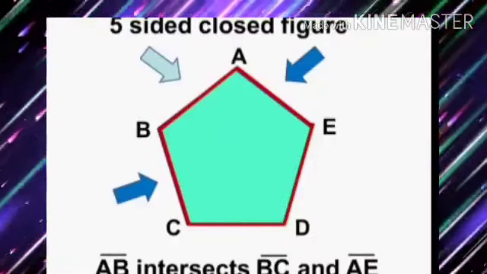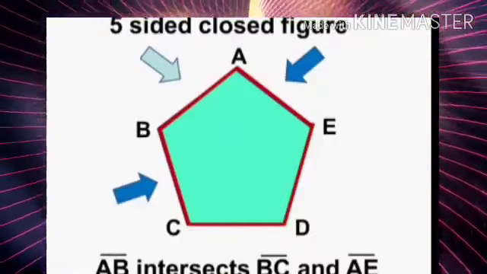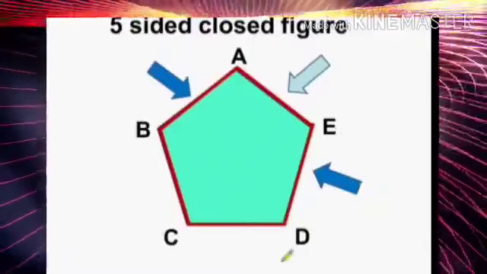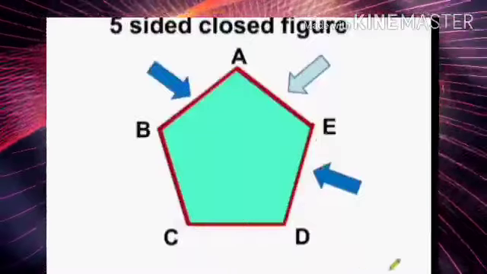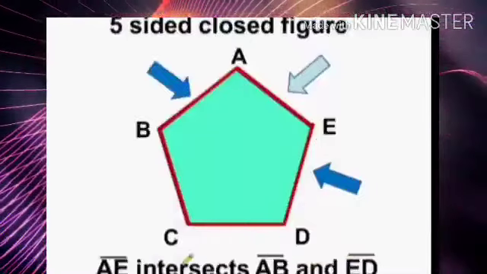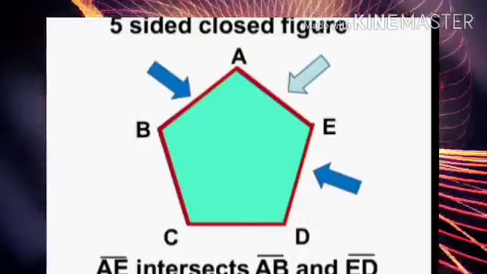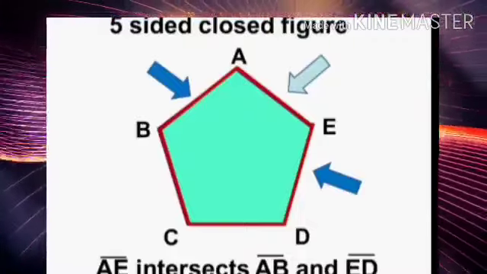Now we will see the line segment AE. It intersects AB and ED. So AE intersects AB and ED. That is again 2 line segments.